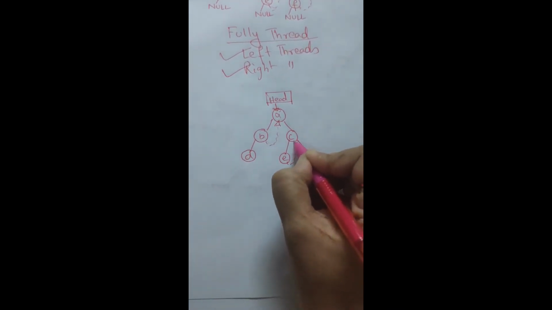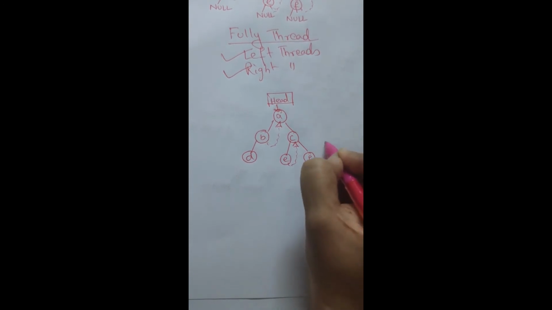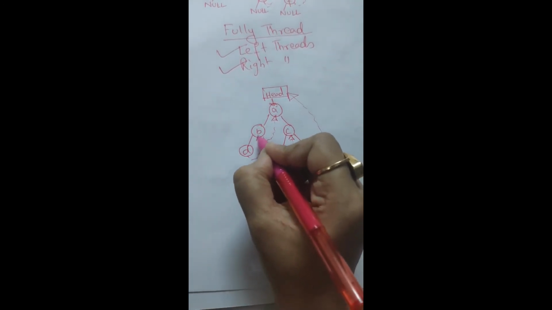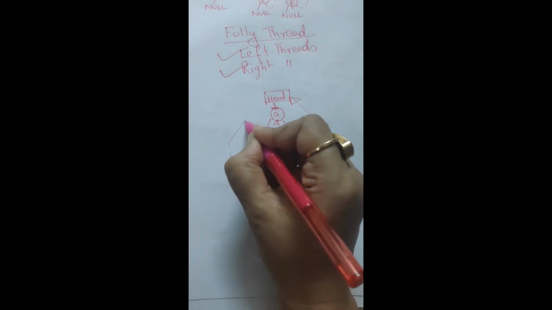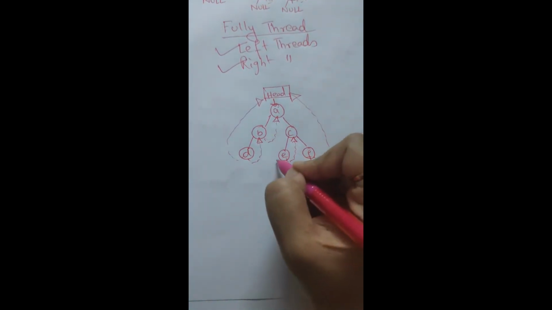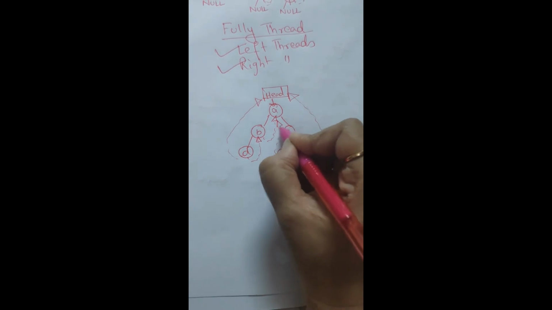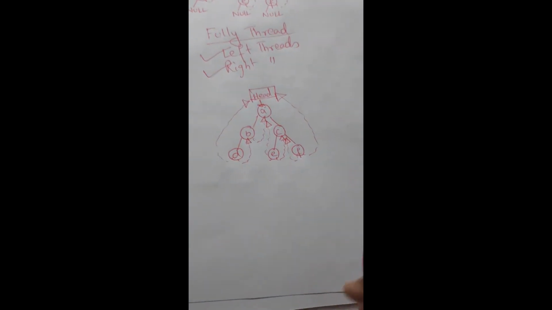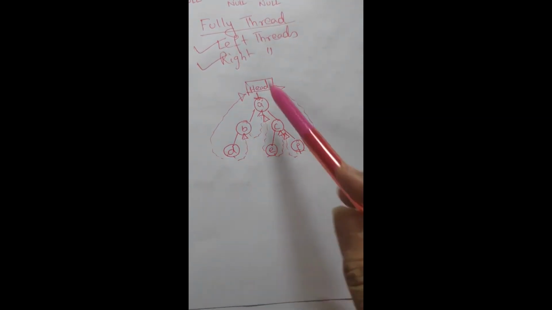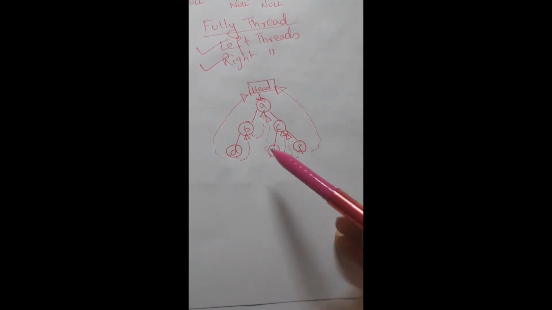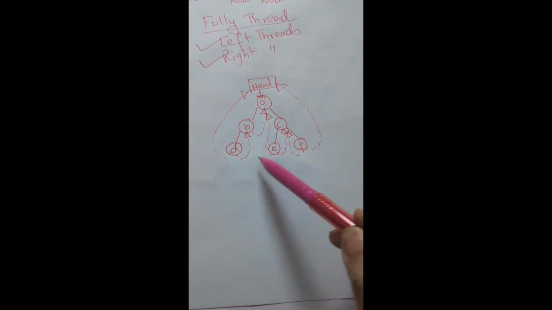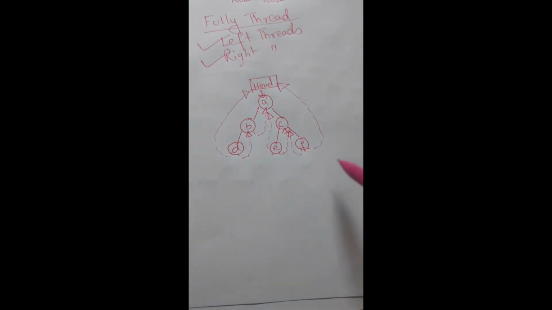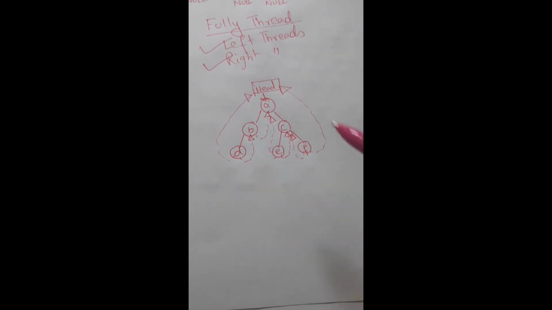All the right links will be pointing at the in-order successor, and all the left null links will be pointing at the in-order predecessor. So you see, this is how a fully threaded binary tree will look. All the empty left and right links will be connected with some node or the other.